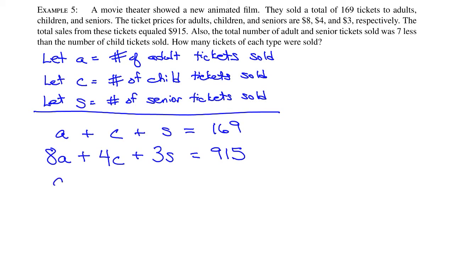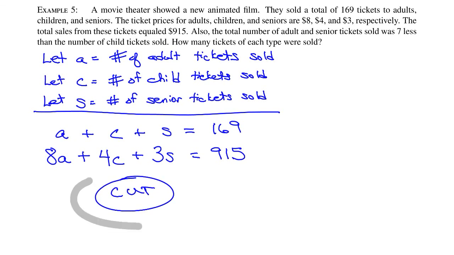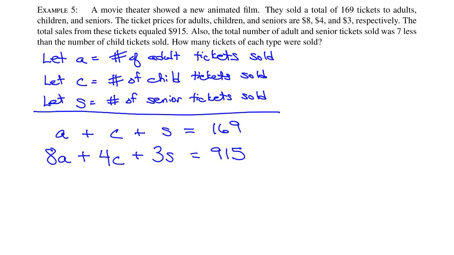So we have the number of adult tickets plus senior tickets is equal to child tickets minus 7. All right.